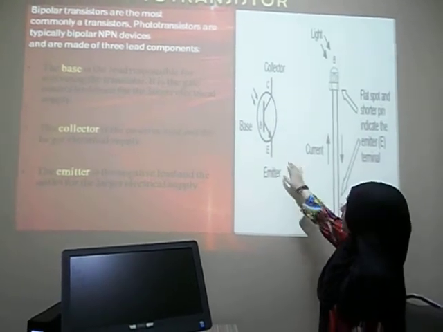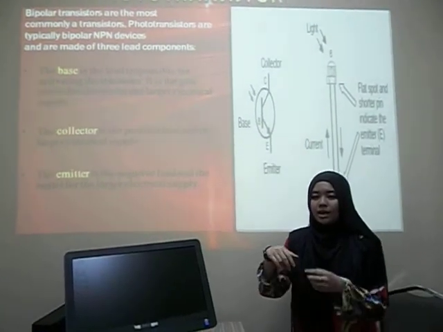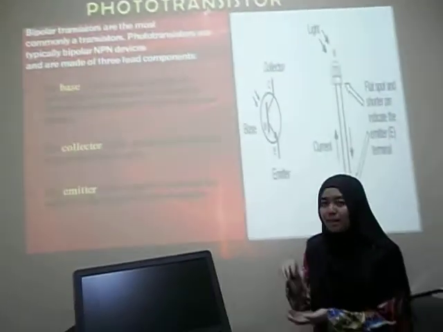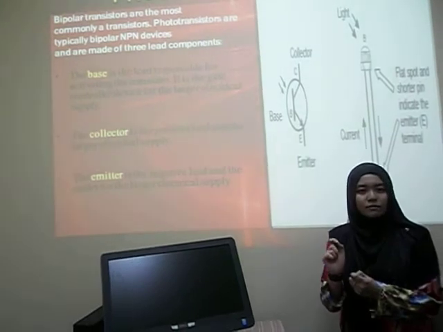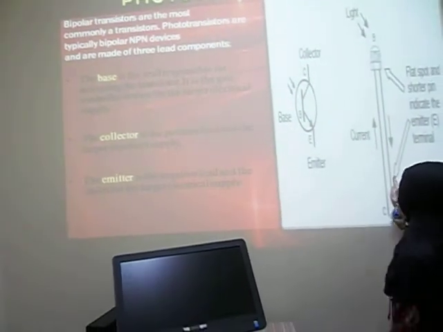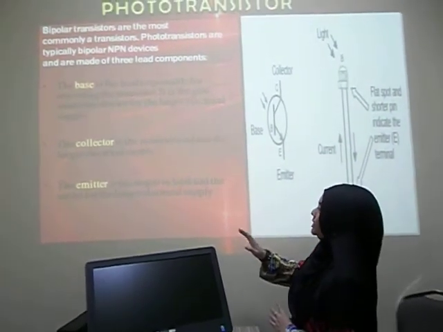For the collector, it is positive, which we can apply to the circuit as the positive terminal. The emitter is the signal lead and the outlet of the larger electrical supply.